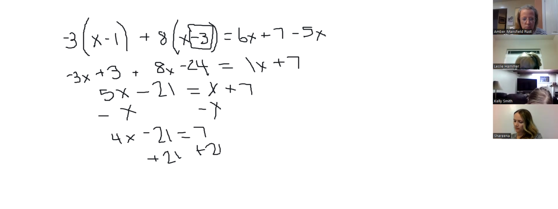So then we have 4x equals 28. We are adding, right? Yep, 28. And then divide. Negative or positive?